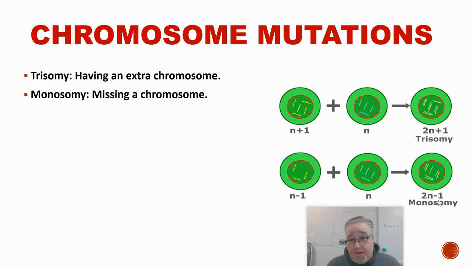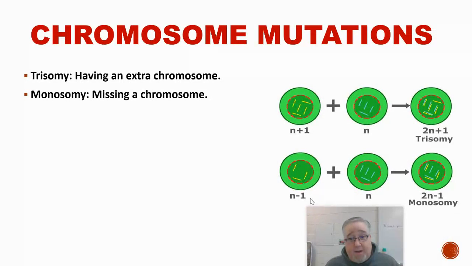A monosomy is very similar. Again, we have our two cells, right? Sperm and egg, it doesn't matter which one is which. You've got your normal number of chromosomes in one of those cells, 23. The other one is missing one. So this cell would have 22 chromosomes.